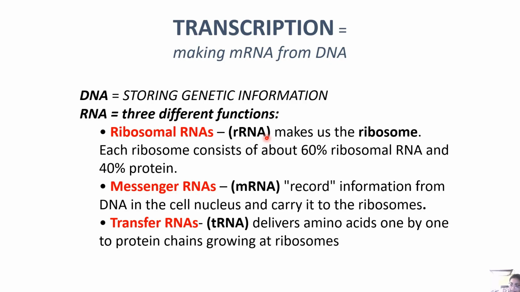Then we have the mRNA, or messenger RNAs, that record information from DNA in the cell nucleus and carry it to the ribosomes. Then we have the transfer RNAs that deliver amino acids one by one to protein chains growing at ribosomes.